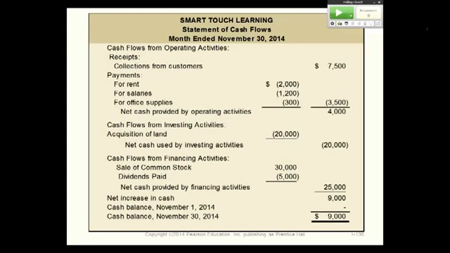Well, they didn't pay off all their liabilities, but the other more important thing is they didn't collect all their receivables. And that's why you still have some receivables out there, and that's why your cash does not match your income. So income and cash flow may not be the same, and they aren't in this case. All right, so any questions on operating cash flow?